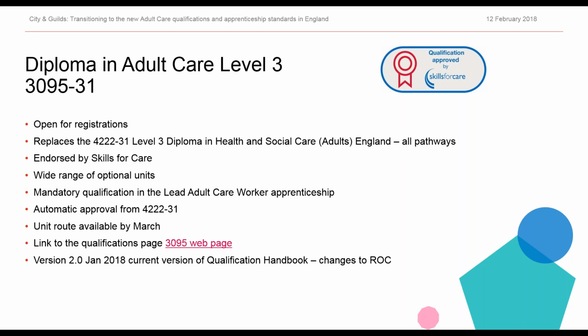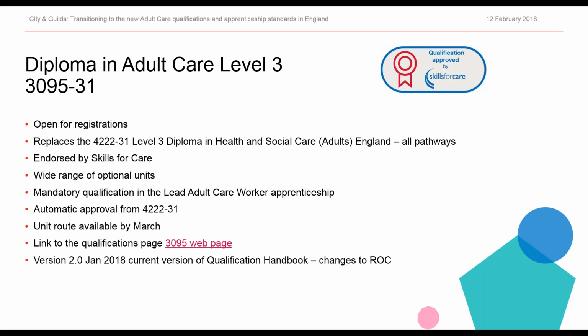Again, the unit route will be available in March, and the link to the web page is there on the slide. For this qualification, we did make a quite significant change to the rules of combination from that which was first published. So we're now on version 2 of the handbook.